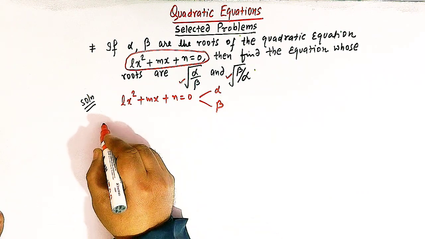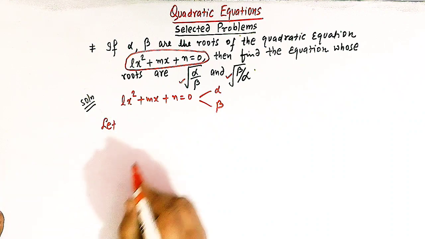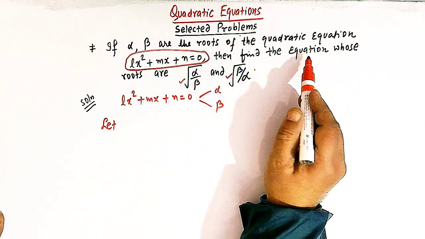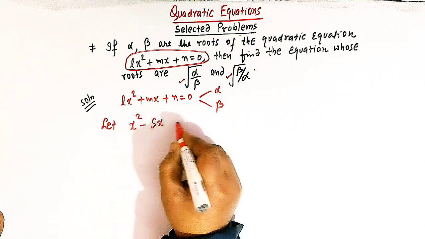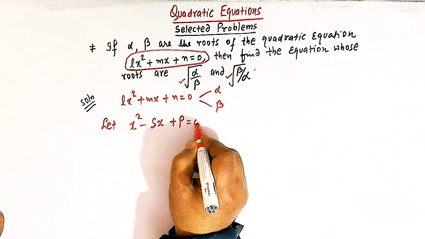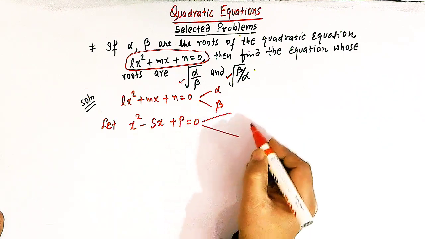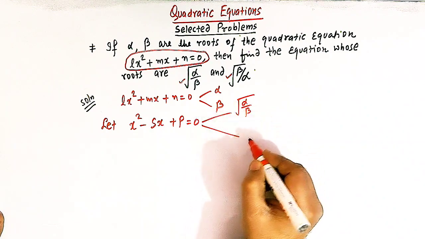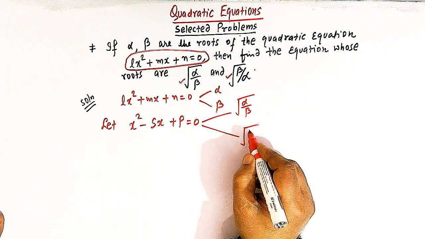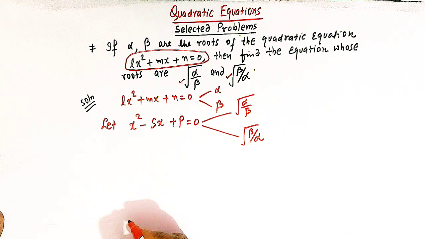So let us suppose that the quadratic equation is x square minus sx plus p is equal to 0, and its roots are square root of alpha over beta and square root of beta over alpha, right?